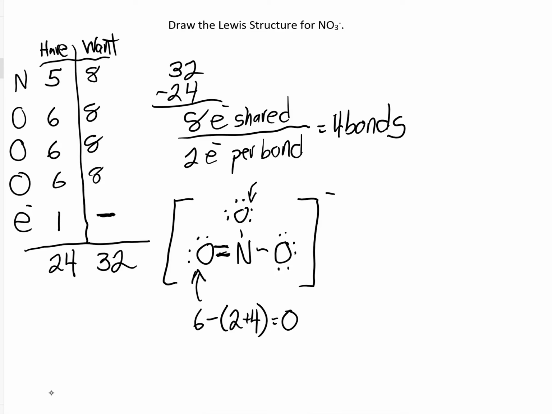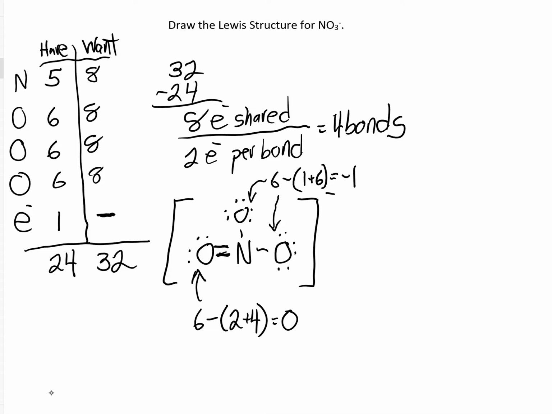Well, we'll do this guy right here. 6 valence minus this one has 1 bond and 6 electrons, meaning we've got a minus 1 charge for this particular oxygen. So minus 1 formal charge here. And because this oxygen right here is the same, we've got 2 oxygens with a minus 1 formal charge.